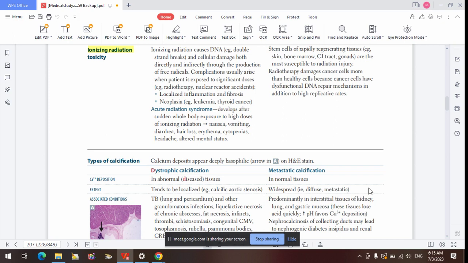And we said it causes some complications. For example, it can bring about localized inflammation because all those free radicals can damage the endothelial lining and cause inflammatory response with attraction of white blood cells to that area, and it can also in a way activate the fibroblasts that will eventually bring about fibrosis.